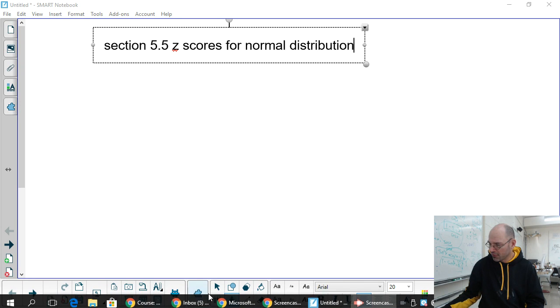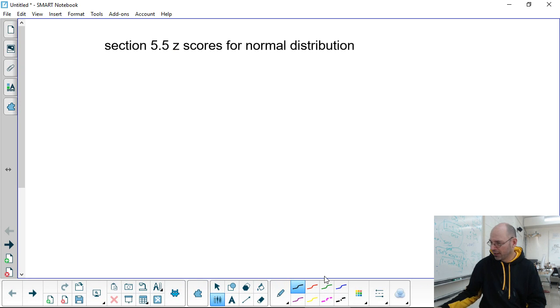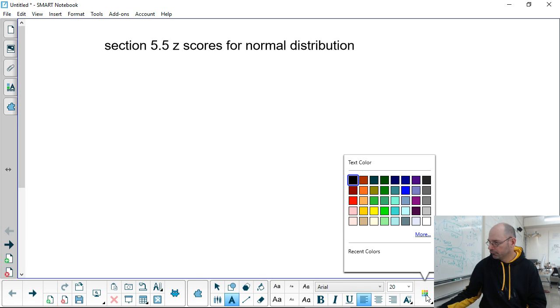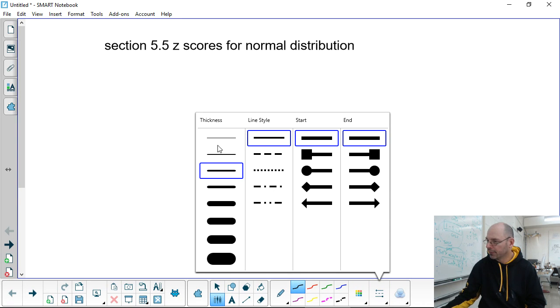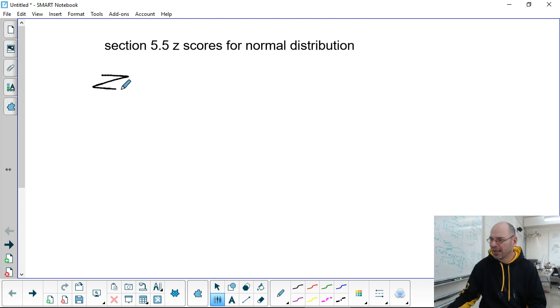Okay, so if you're doing a Z-score, what a Z-score represents is pretty simple. So let's go with black here. Okay, so to calculate any Z-score, Z equals whatever data point you're talking about, subtract the mean, over the standard deviation.